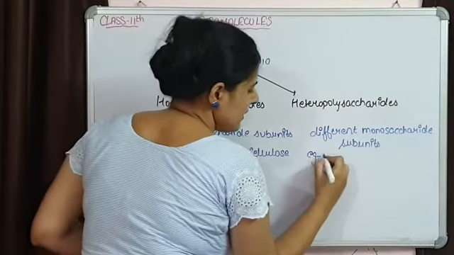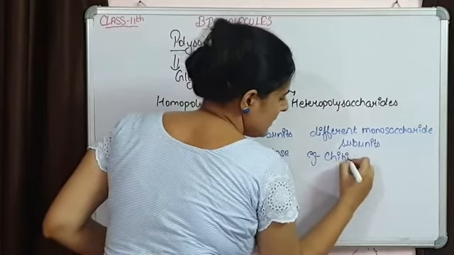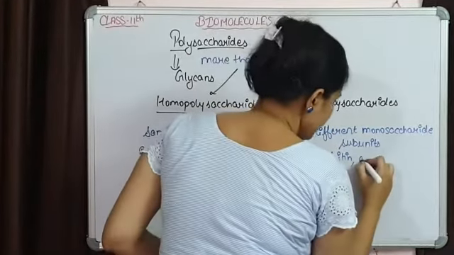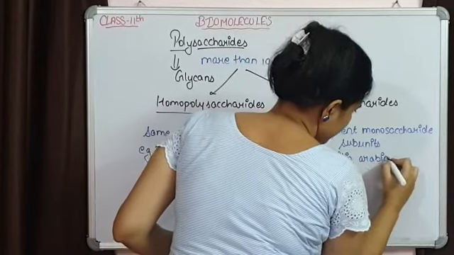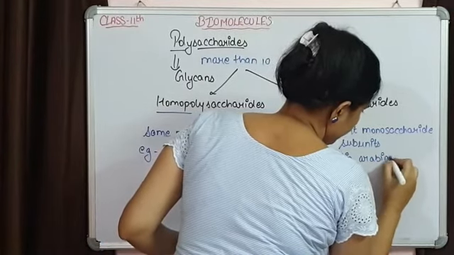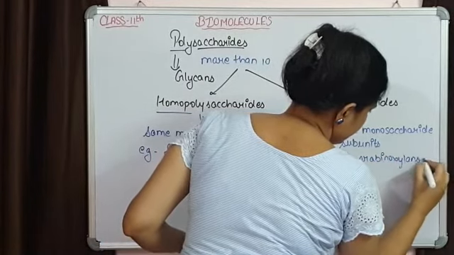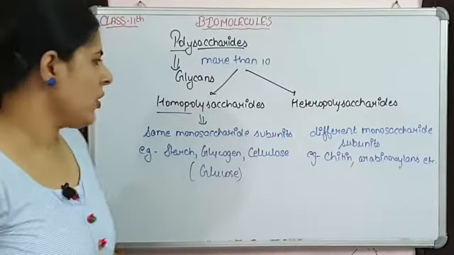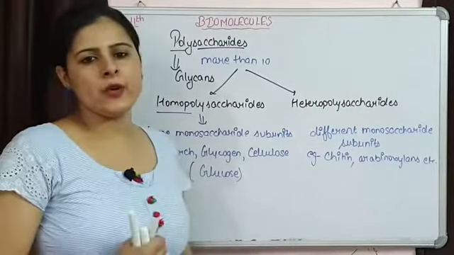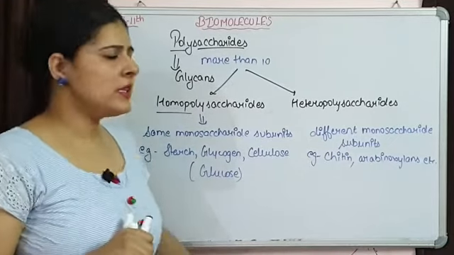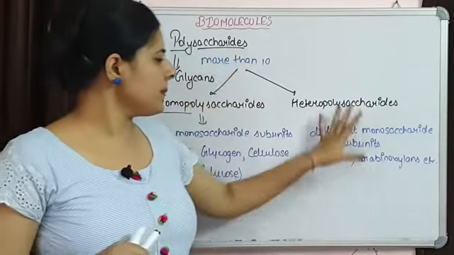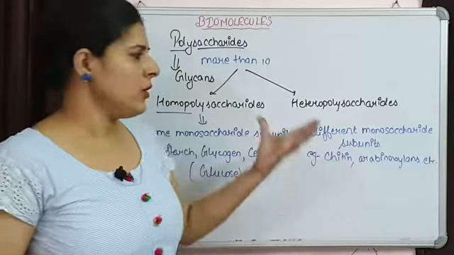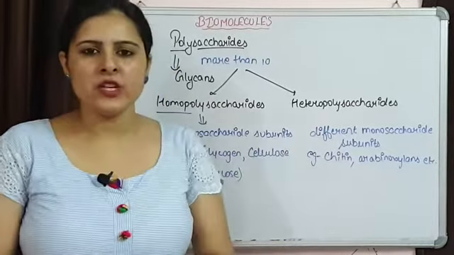We have certain examples like chitin, then arabinoxylans. These are some of the examples of homo and heteropolysaccharide.